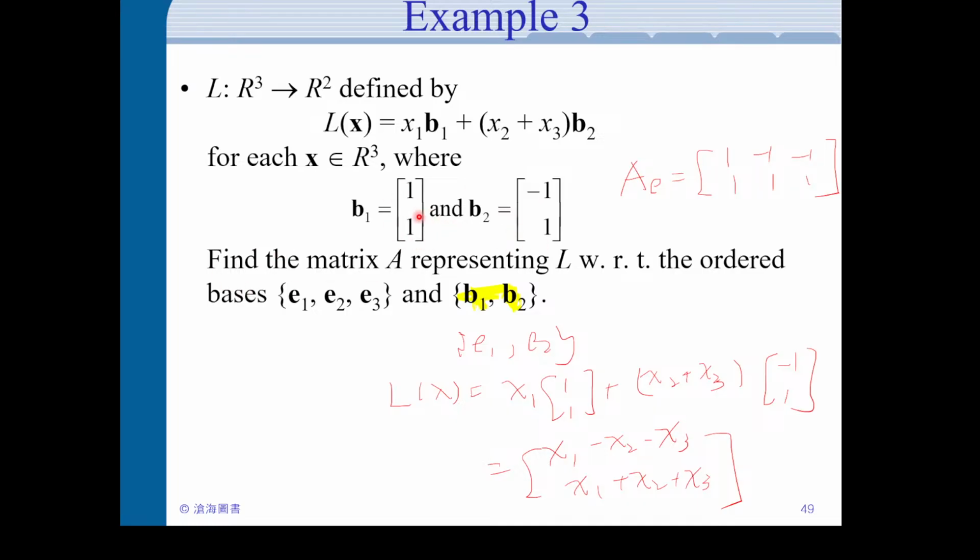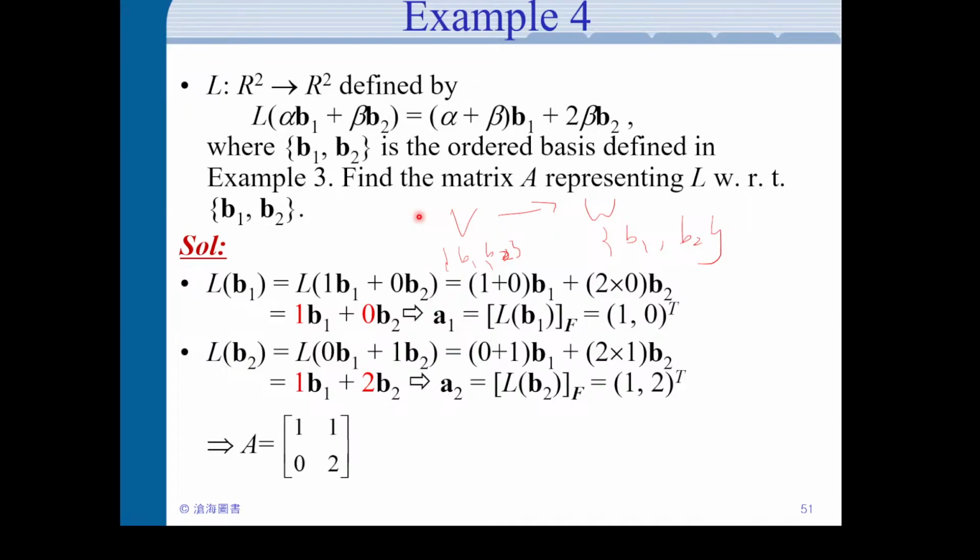Actually, what b1, b2 is is not important; it's just whatever ordered basis. Because we already write the coordinates in terms of b1, b2 at the beginning and the end of our mapping, we already find how the coordinates map to each other.